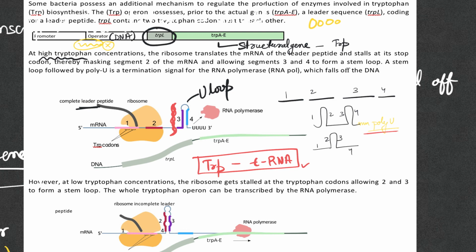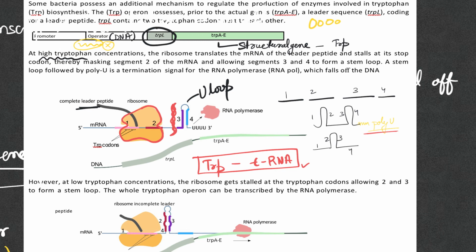Meanwhile, the ribosome has assembled at the mRNA near the 1 and 2 points, and if I have plenty of tryptophan, the tryptophan-tRNA complex will be there in enough quantities, and the ribosome moves through the 1st and 2nd segment. That means 1 and 2 cannot form a complex right now.